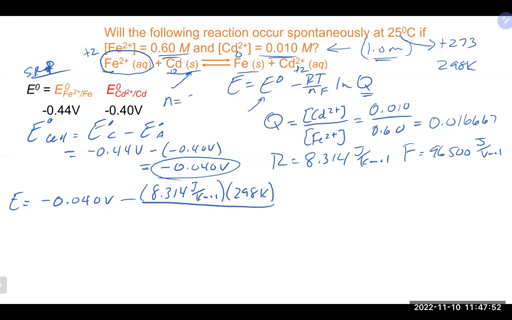I think you have the half reactions there on your paper. The cadmium is going to lose 2 electrons, and the iron is going to gain 2 electrons. Remember, you don't add both of those together. It's just the electrons being transferred from the anode to the cathode, which in this case is a grand total of 2. You would not want to use 4 here.